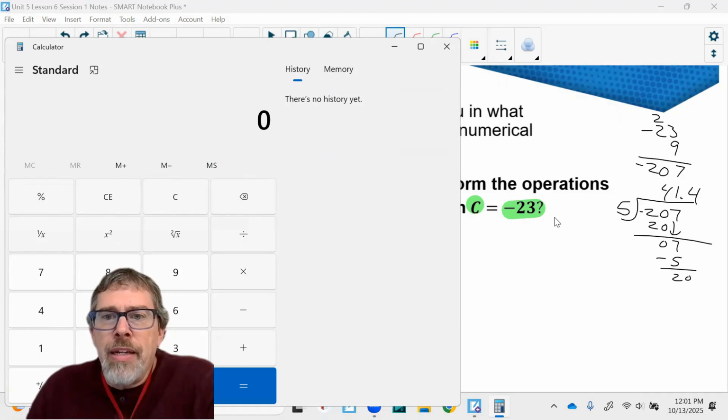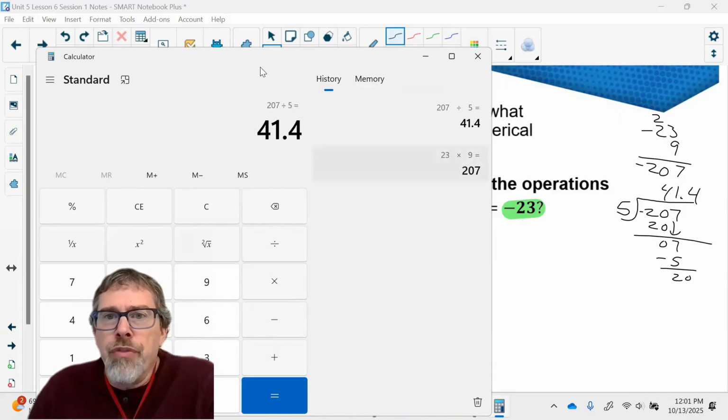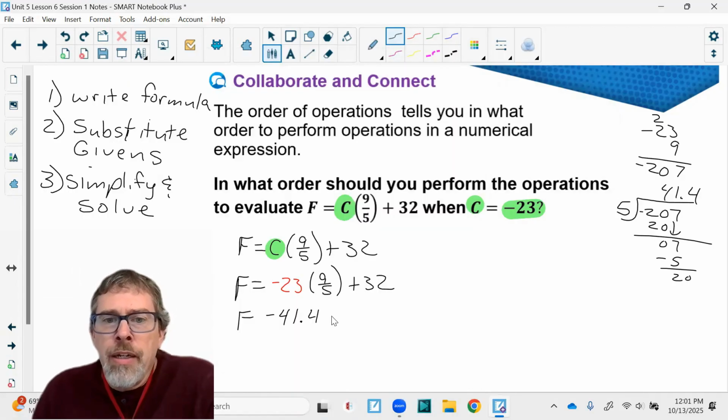So what were my numbers? 9 over 5 times negative 23. So 23 times 9 is 207 divided by 5 is 41.4. Okay, just double checking. And then I'm going to add 32.